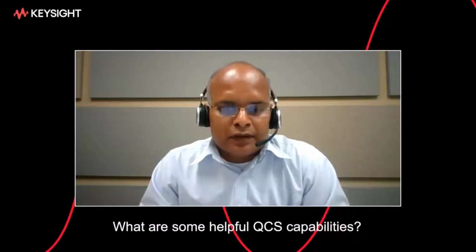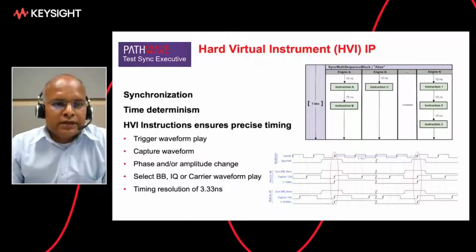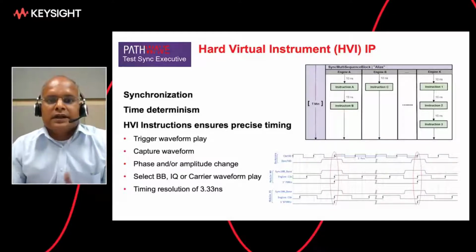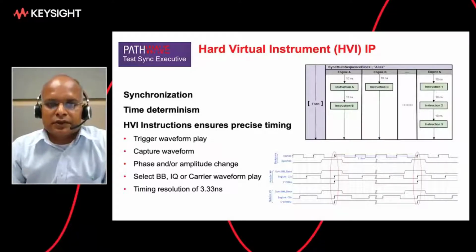Number one is the HVI IP, which is at the heart of the system. HVI IP is a Keysight proprietary IP that adds various capabilities to the system. Number one is the synchronization. It's a modular system, so there are several modules, several chassis in the system.